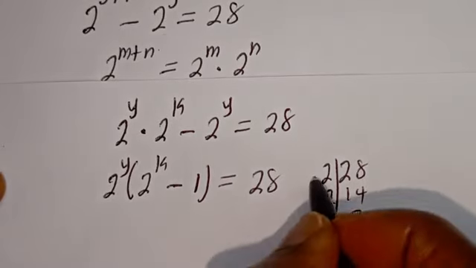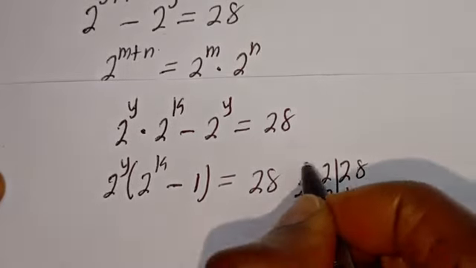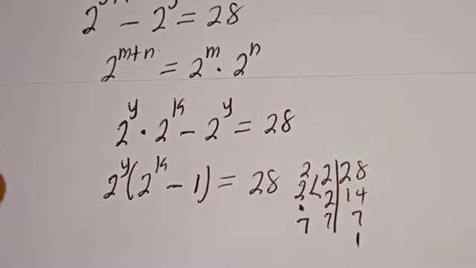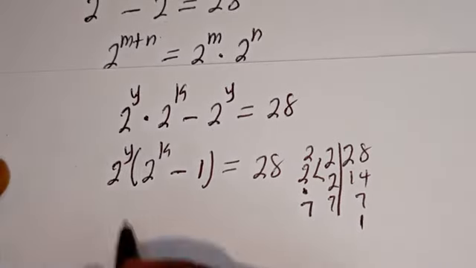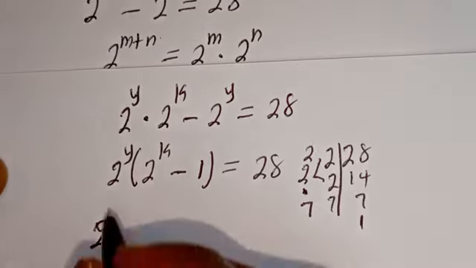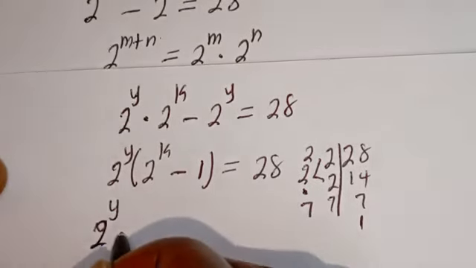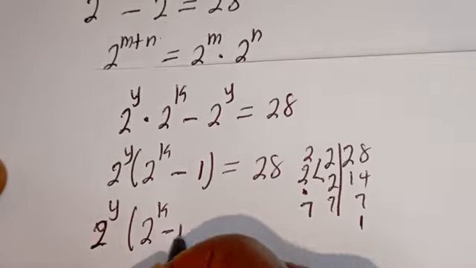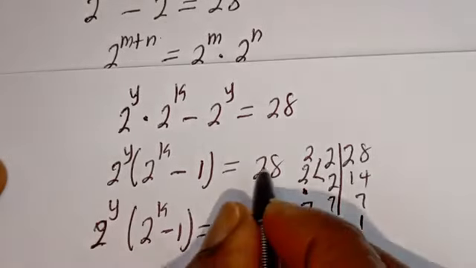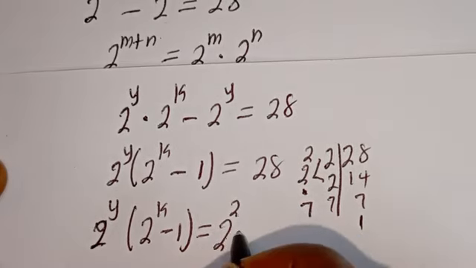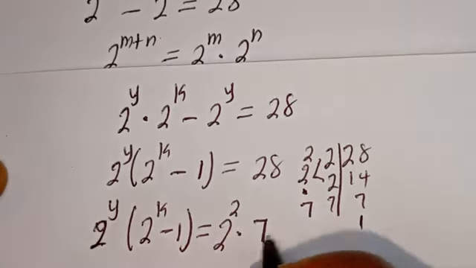So we have 2 squared multiplied by 7. Then we have 2 to the power of y bracket 2 to the power of k minus 1 is equal to 28, which can be written as 2 squared multiplied by 7.